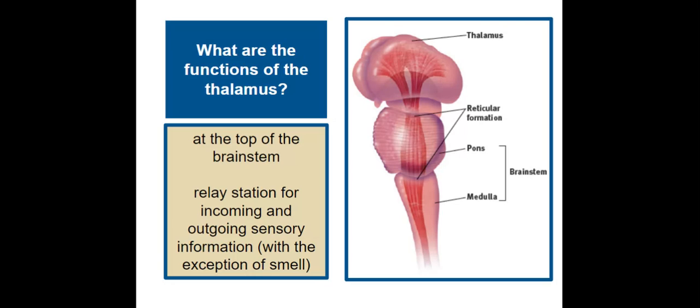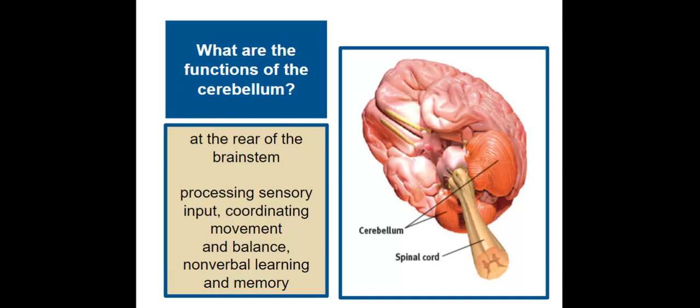Okay, cerebellum. The cerebellum is Latin for little brain, and the little brain is still part of the primal brain or the old brain. It is responsible for processing sensory input, coordination, balance, nonverbal learning, and memory.